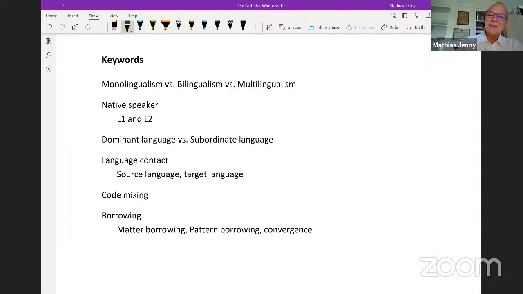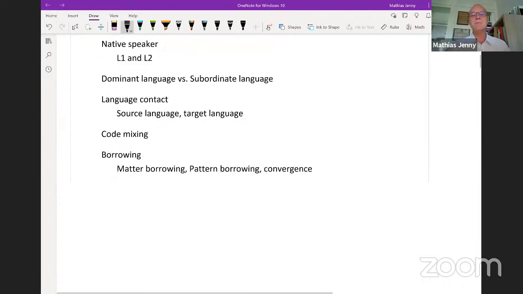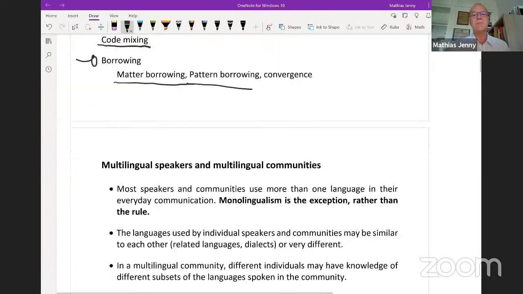Now, when this happens, when languages are in contact and there is code mixing occurring, then you can end up having borrowing. So one language borrows things from another language. In borrowing, we have basically two different things, namely matter borrowing and pattern borrowing.